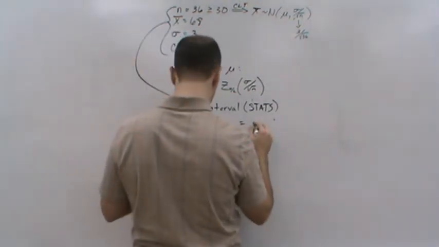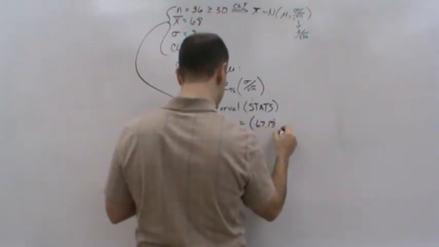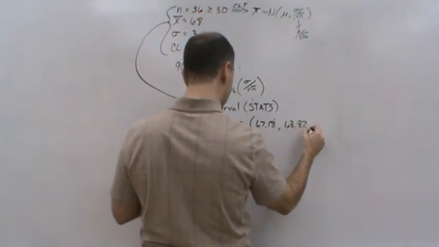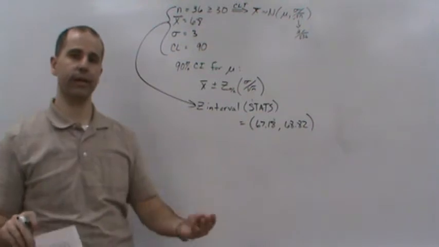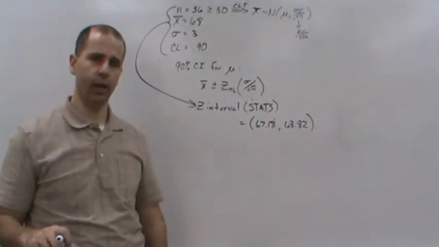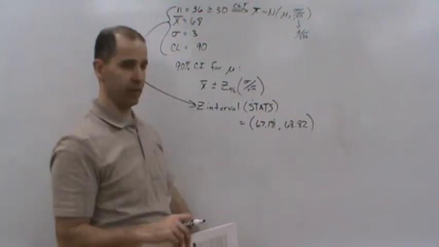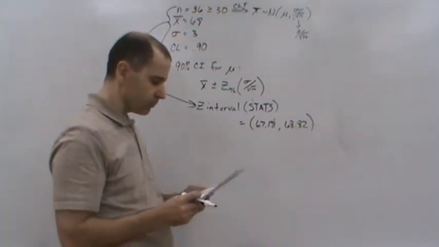It'll give us 67.18 and 68.82, which is the same thing that we got before. Now the calculator gives you 3 decimal places. Again, you don't need to. Make sure you just round to the appropriate number of decimal places. Here, 1 would actually have been sufficient, but that's fine. It doesn't matter in this case.